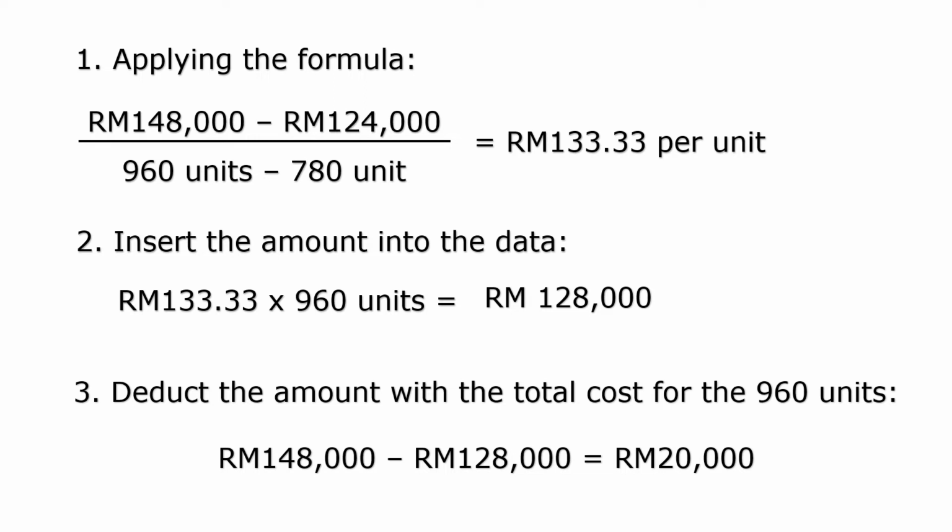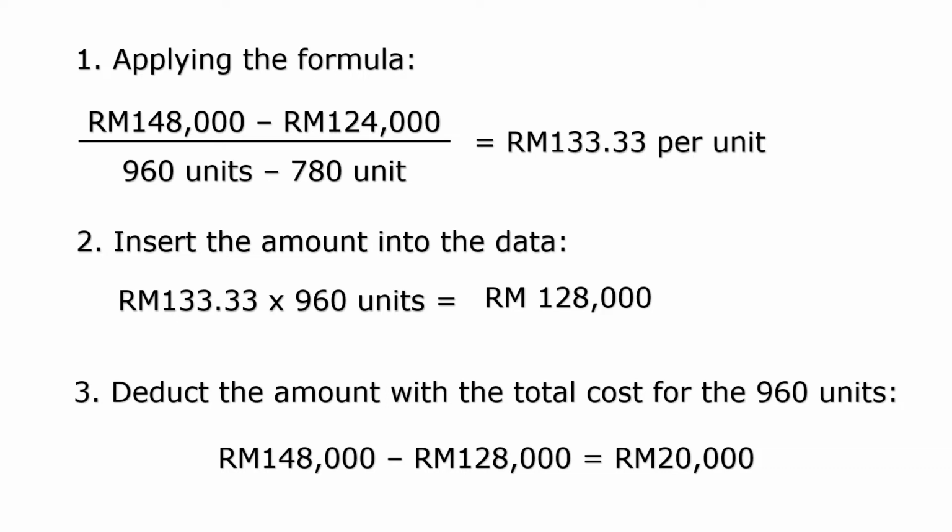We are given the total cost for the 960 units, which in this case amounts to 148,000, and we have already determined the total variable cost for the 960 units. So what is left for us?